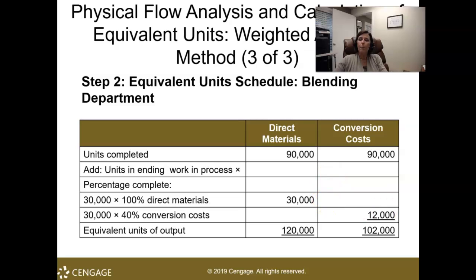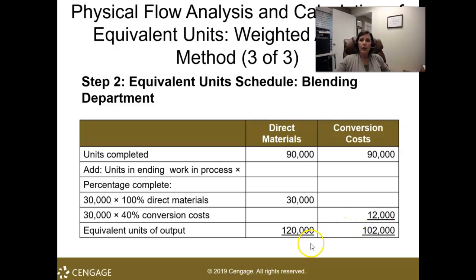Basically what we've done is we've lumped the beginning work in process inventory with the started and completed inventory, and we've ignored the fact that the beginning units were already 70% complete when we started the period.